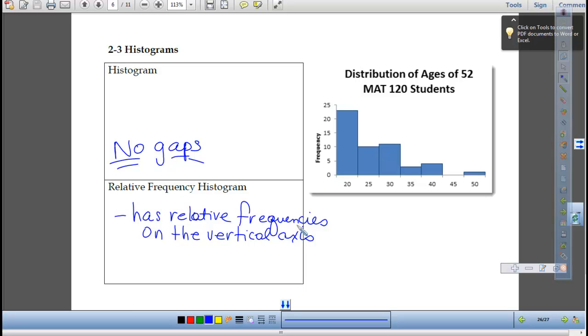You should note that the shape of a frequency distribution versus the relative frequency distribution is the same. It has the same shape as a frequency distribution.